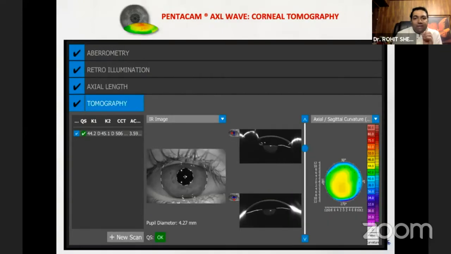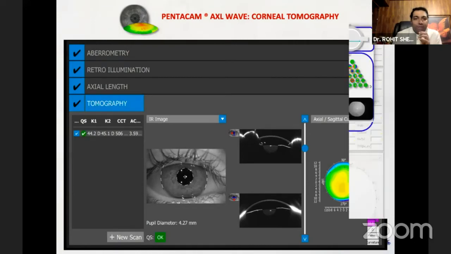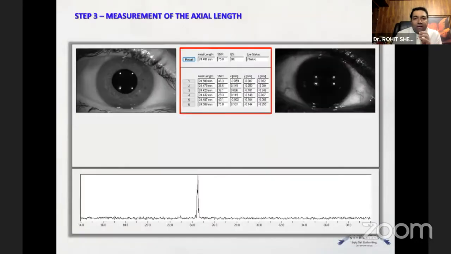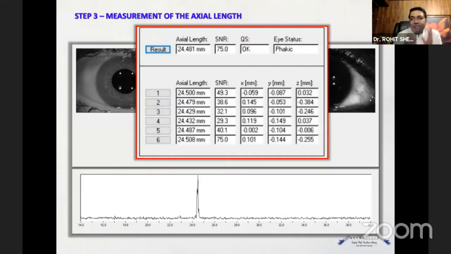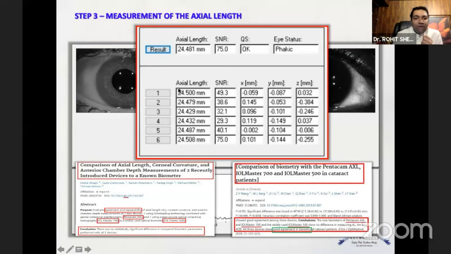The axial length, it gives you the different axial length like any good biometry. And the IOL calculator, which has this kind of format, is similar to a lot of biometry machines we all use. Biometry is part and parcel of cataract now, and there is a signal to noise ratio of all your values which can be given.